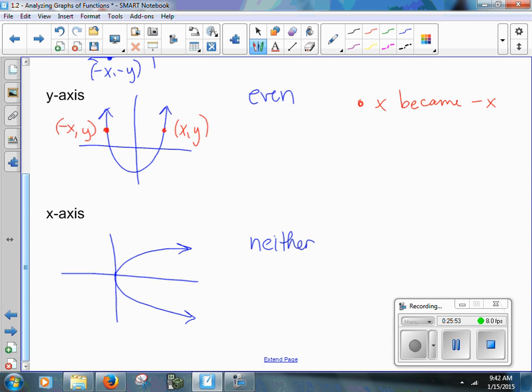So if its x, y is up here, what's the ordered pair for the bottom piece? X, negative y. Now you know what I'm getting ready to come over here and write. What changed? Y became negative y.